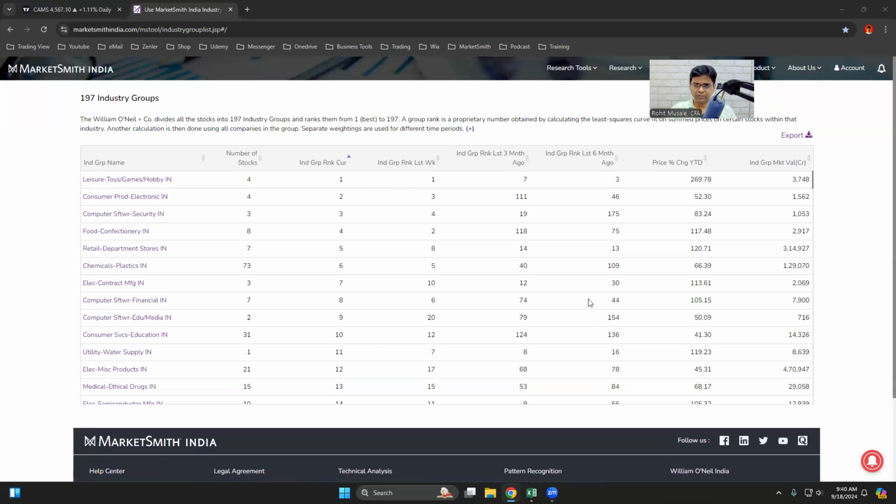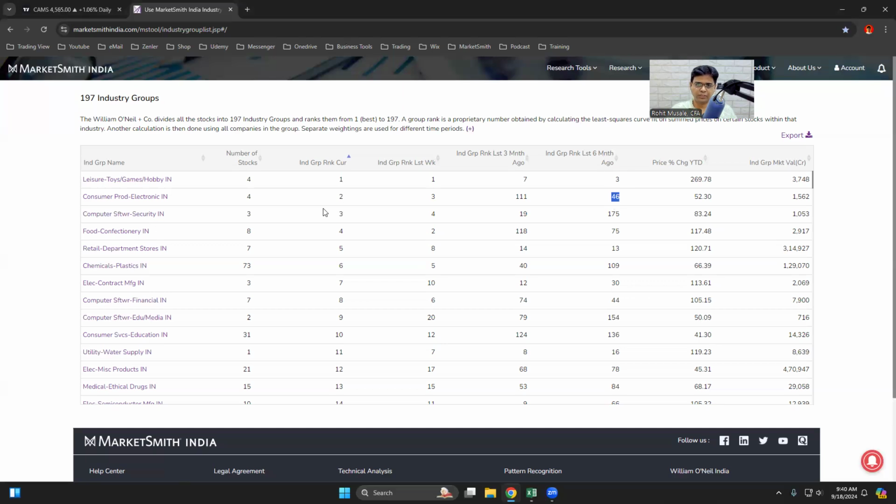If you see, let's take this one, consumer production electronics. If you take this industry group, there are four stocks in this group. 6 months ago, the industry rank was 46.